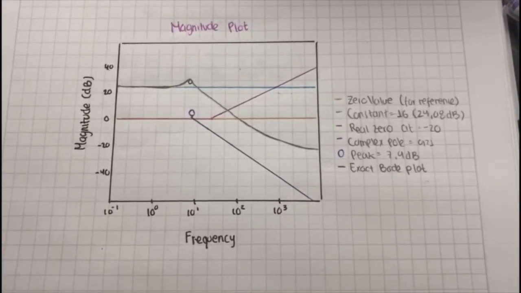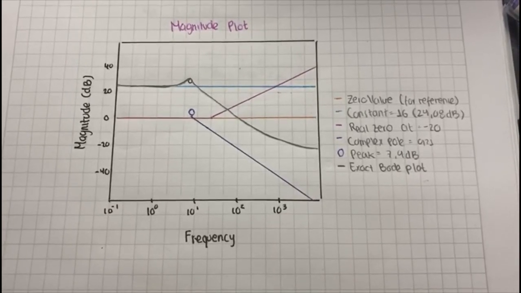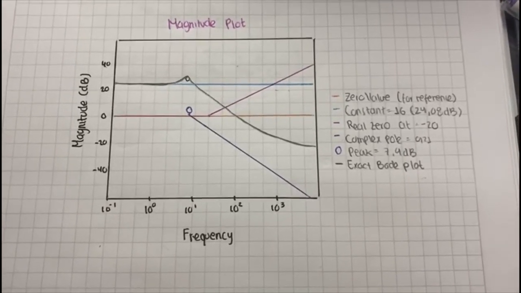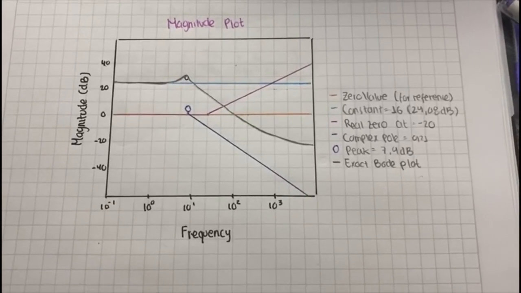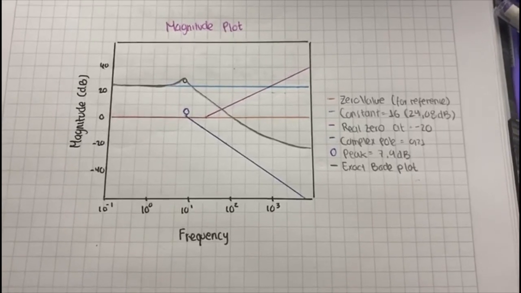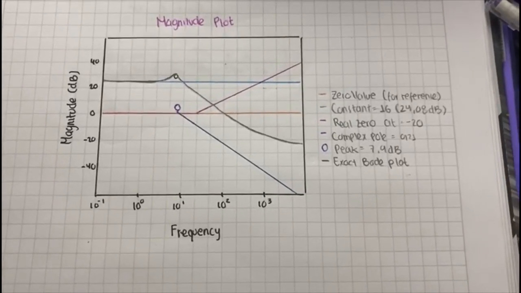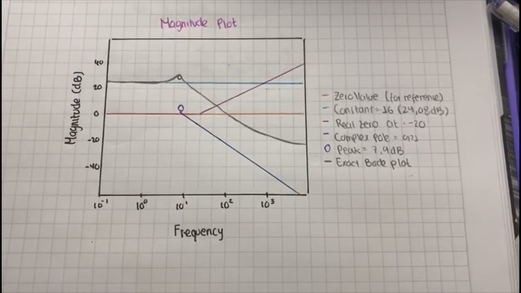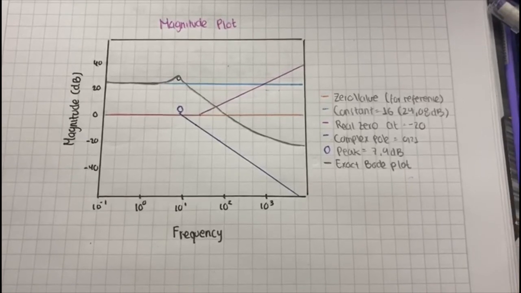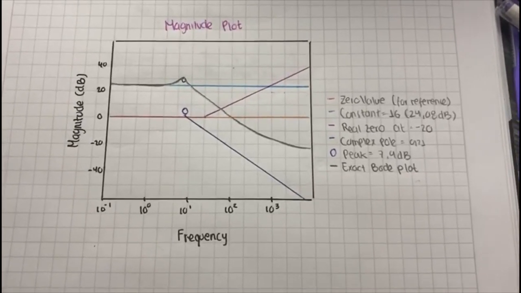As for the complex pole, it is denoted that it produced a fall in magnitude of 40 decibels per decade, and the peak located at 7.8 dBs is evident. Finally, the black line indicates the exact Bode diagram, linking the behavior of each value obtained in zeros, poles, and peaks from the indicated constant.